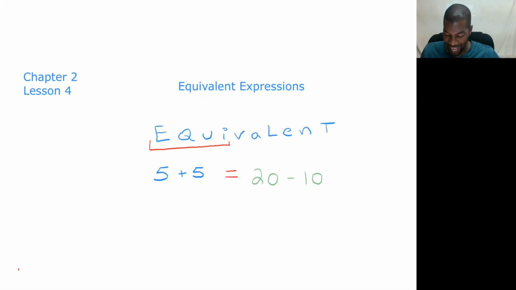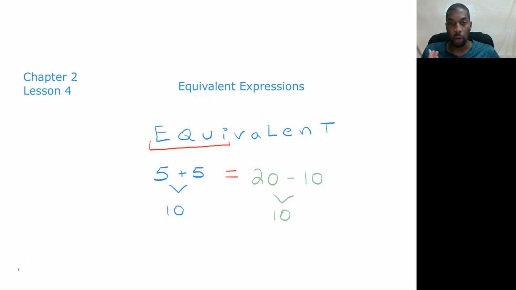We would start on one side of the equal sign, and we might say, well, what is 5 plus 5? 5 plus 5 is 10. All right, are we sure about that? Yes, okay. Then I go to the other side, by other side, I mean the right side of the equal sign. And I might say, all right, what's 20 minus 10? Well, 20 minus 10 is 10.